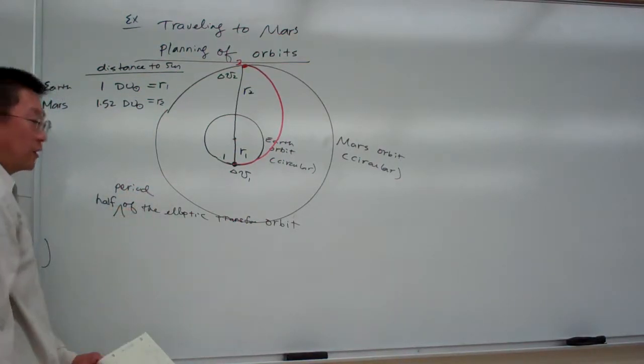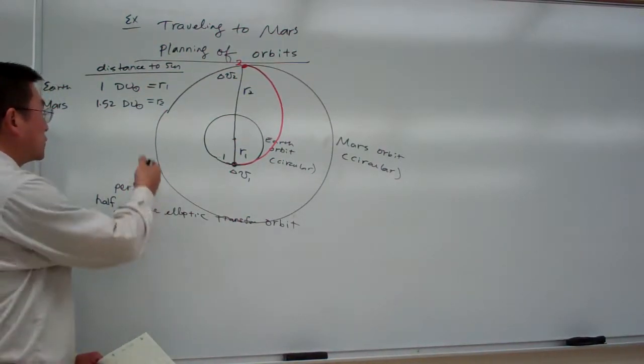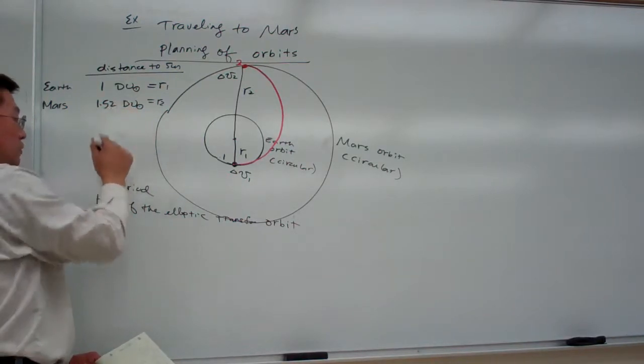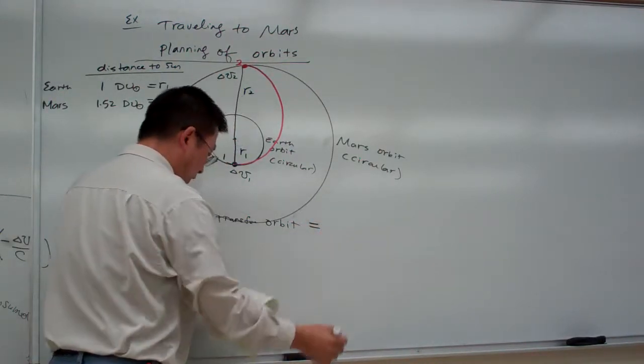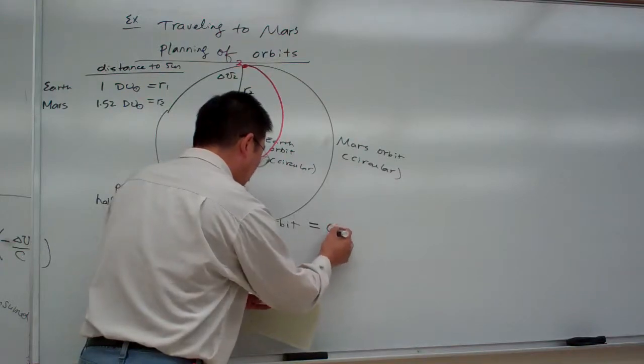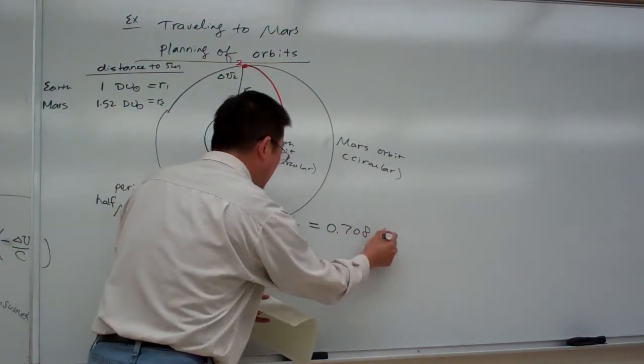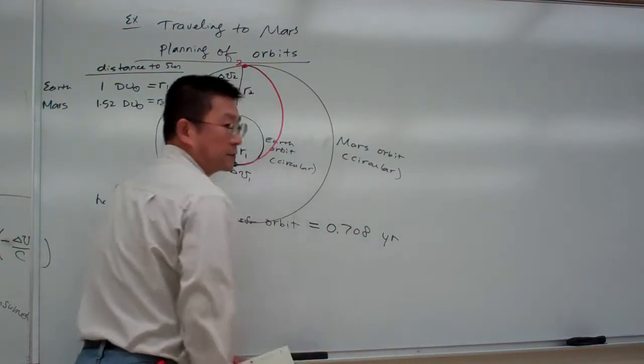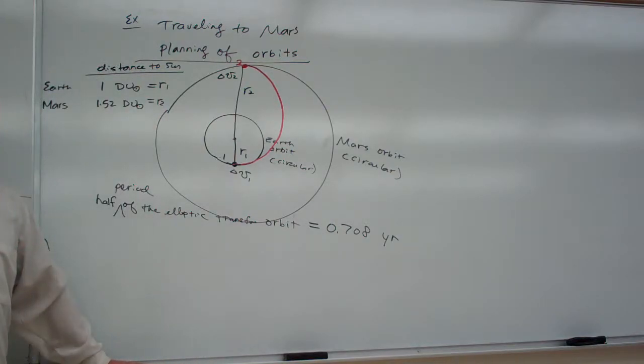And earlier we had the equations, and we implement the equations with those numbers. The half period of this one is 0.708 Earth year. Okay, I've done certain calculations, so that is the number we have.